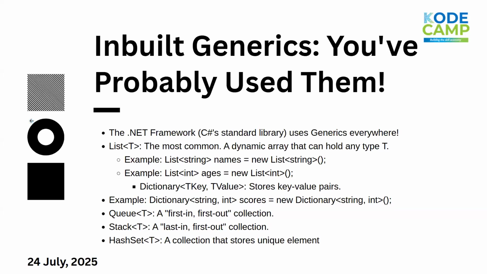Difference between inbuilt classes and custom classes. Inbuilt classes are classes that have already been defined by C sharp. While a custom class is a class you created by yourself, because there are a lot of classes in C sharp.